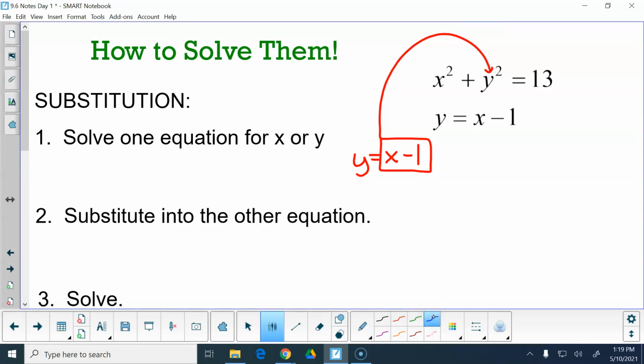Okay? All right? So we've got x squared plus, now instead of y squared, it's x minus 1 quantity squared, and that's going to equal 13.